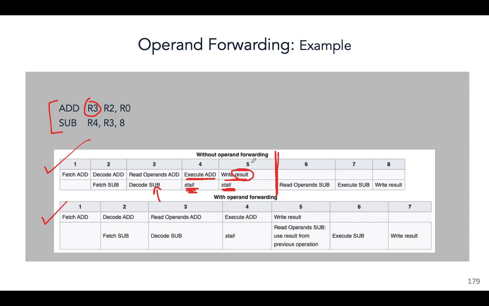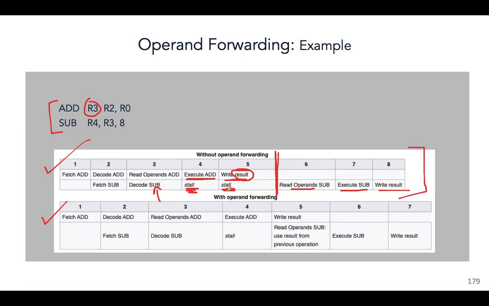So again, during the fifth clock cycle also, the subtract instruction is waiting, so we have 2 stalls. And then the sixth clock cycle occurs, and the subtract instruction is able to read the operand, and then the next clock cycle occurs and the subtract instruction is able to execute, and then it is writing its results. So this is how it would have been normally, right?